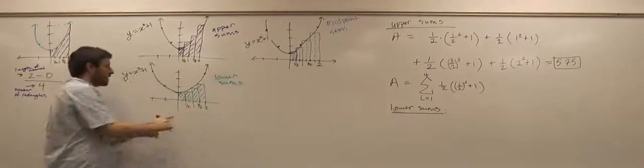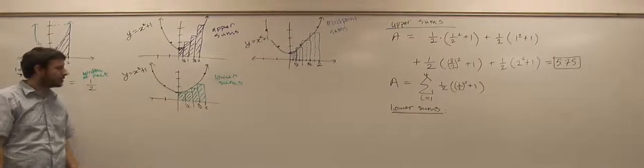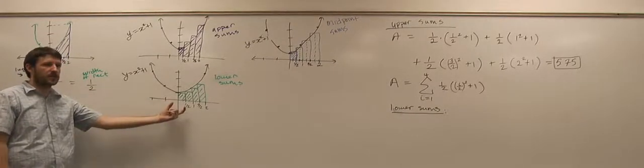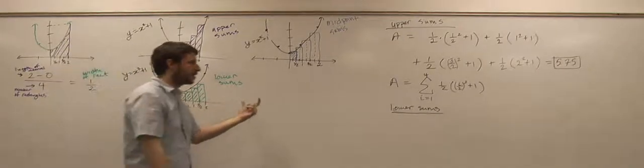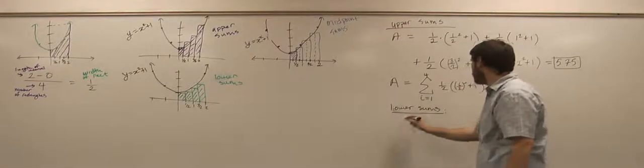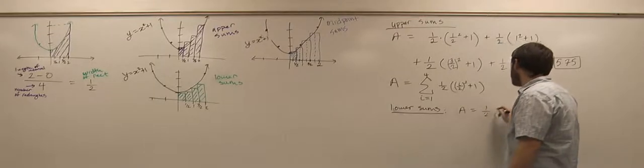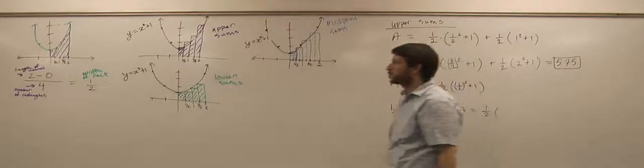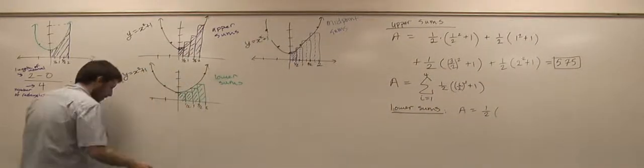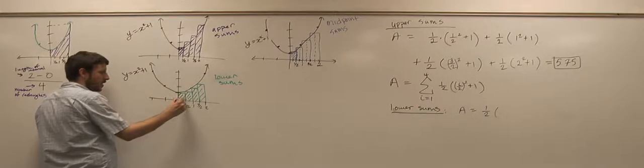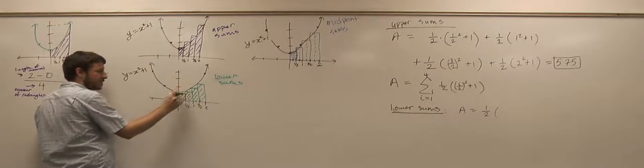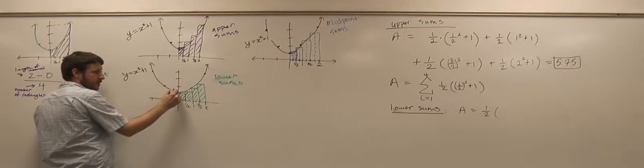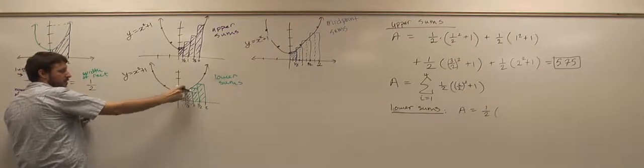Lower sums are the green. What changes here? Not the width of the rectangle. The width of the rectangle is still the same, 1/2. So when I start adding up the area, I'll start with 1/2 times what? What changes is that on the first rectangle, the right endpoint 1/2 doesn't go up to the graph. The 0 goes up to the graph. So the left side is always going up to the graph.